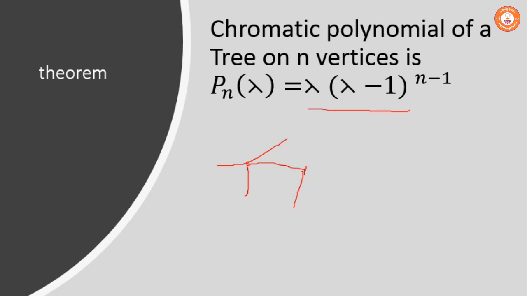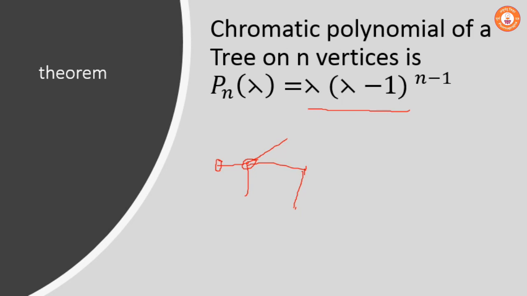Any vertex can be chosen as the first vertex, and can be colored using lambda colors in lambda ways. Since there is only one path between any two vertices, the vertices alternately can be colored, the second in lambda minus 1 ways.